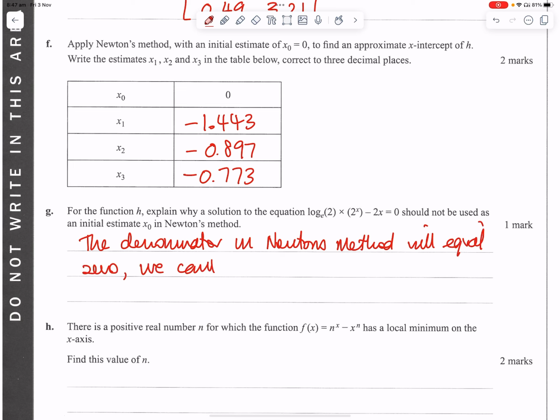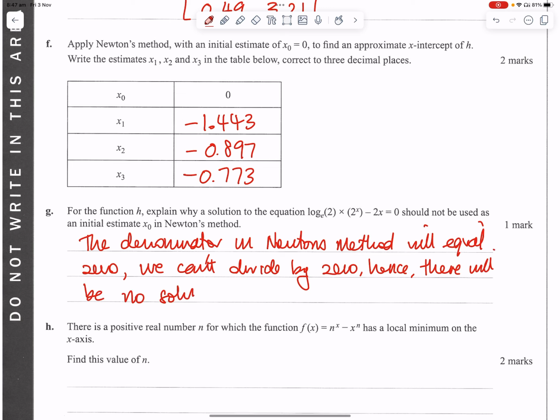We can't divide by 0, hence there will be no solution, i.e., result in undefined solution.